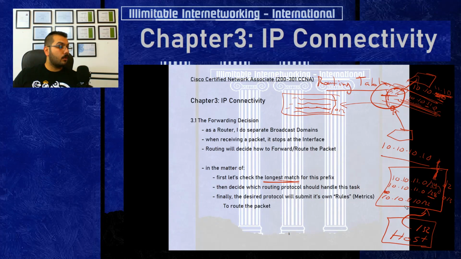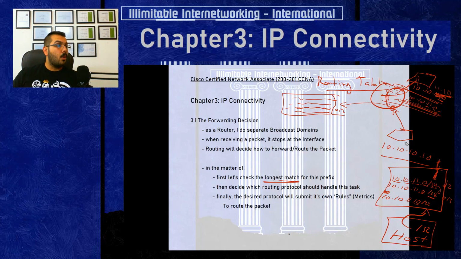It will look at the routing table and see that 10.10.11 is common between all three of you, but this is .0, this is .0, and this is .10, and this is not really important because an IP address is a very useless address without the subnet mask.